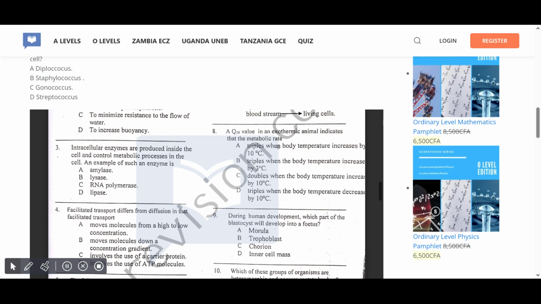Question 3. Intracellular enzymes are produced inside the cell and control metabolic processes in the cell. An example of such an enzyme is, the answer is C, RNA polymerase.